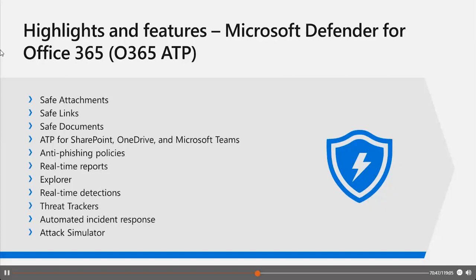Safe links proactively protects your users from malicious URLs in a message or in an Office document. The protection remains every time they select the link, as malicious links are dynamically blocked while good links can be accessed.